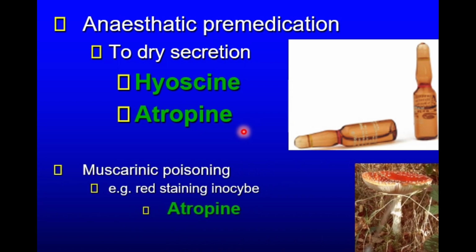Muscarinic poisoning results from ingestion of mushrooms containing muscarine. In this situation, atropine is a specific antidote.